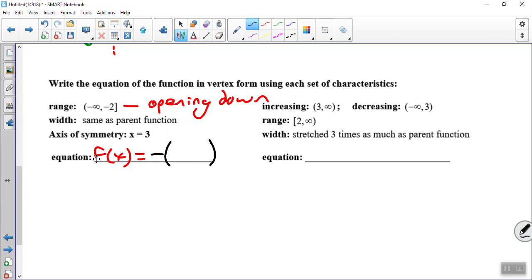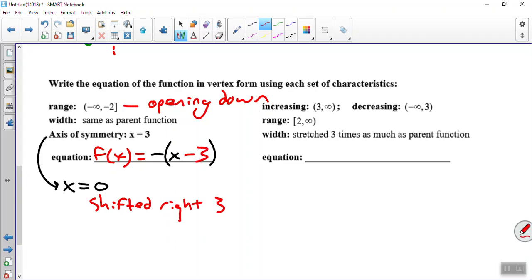So now I'm going to do my shifts. So I'm telling you that the axis of symmetry is x equals 3. Well, if the parent function, the axis of symmetry is x equals 0, that means we shifted the graph to the right 3 units. So that means I'm going to do x minus 3.